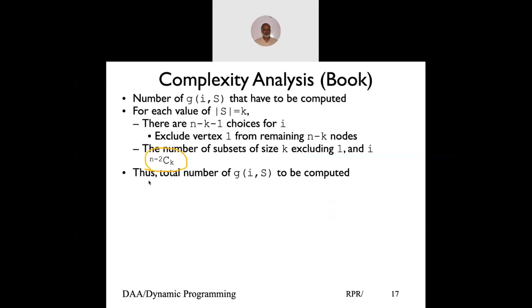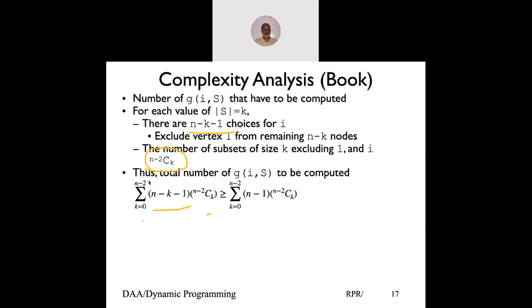Now for each of these sets, my number of choices is n minus k minus 1. So my time complexity is n minus k minus 1 times n minus 2 C k, with k going from 0 to n minus 2, because my set size could be 0, and only when I get n minus 1, I use g(1).